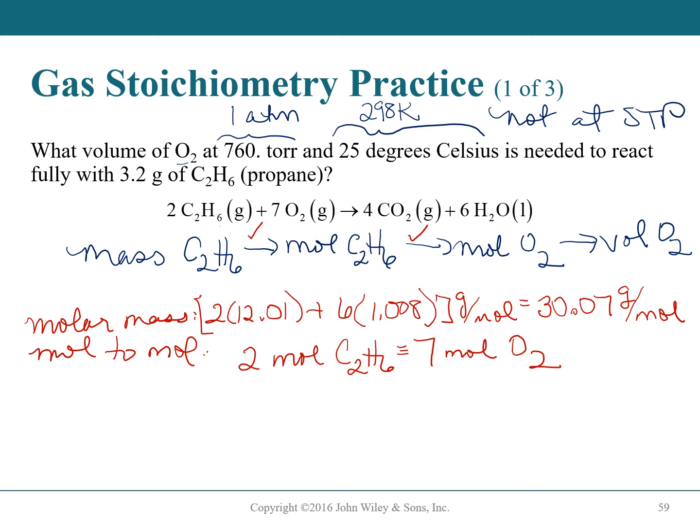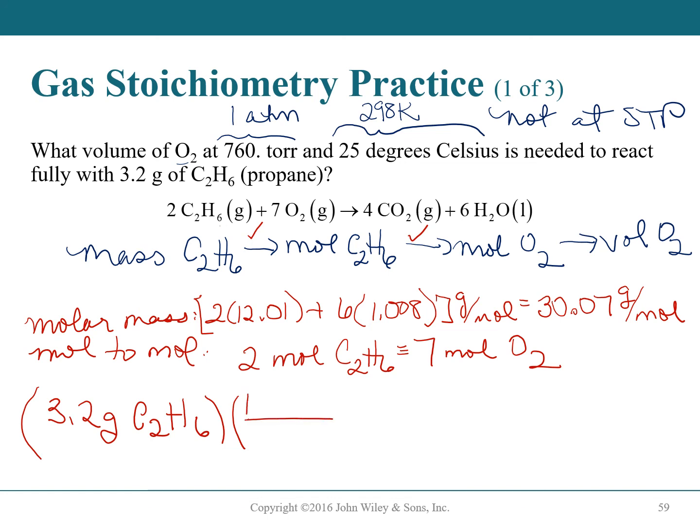So we have 3.2 grams of ethane, and we're going to get the moles.